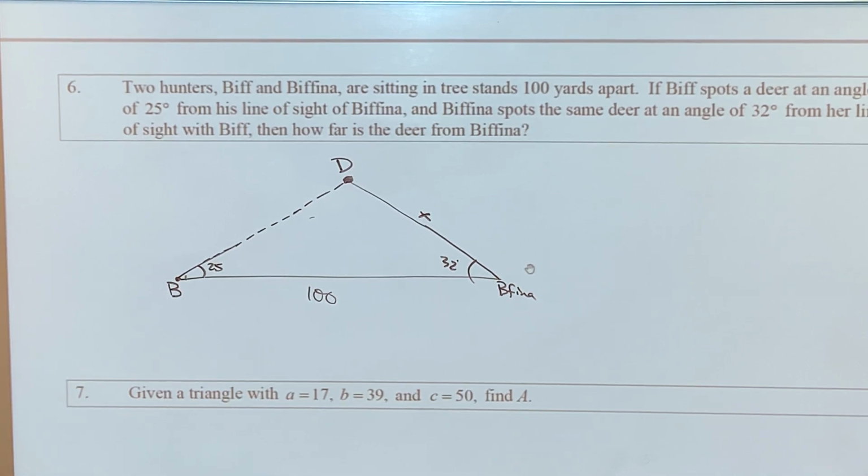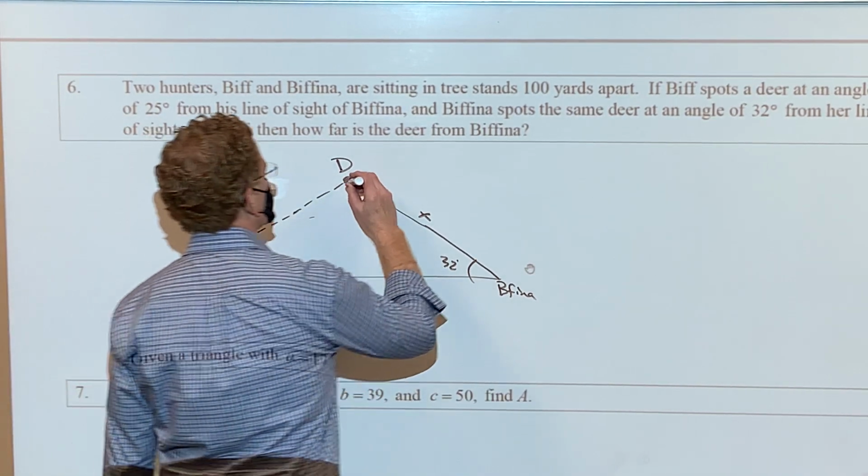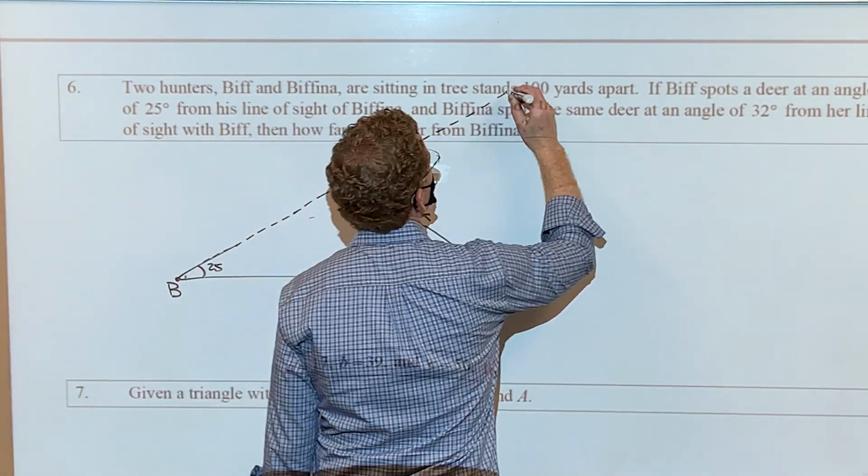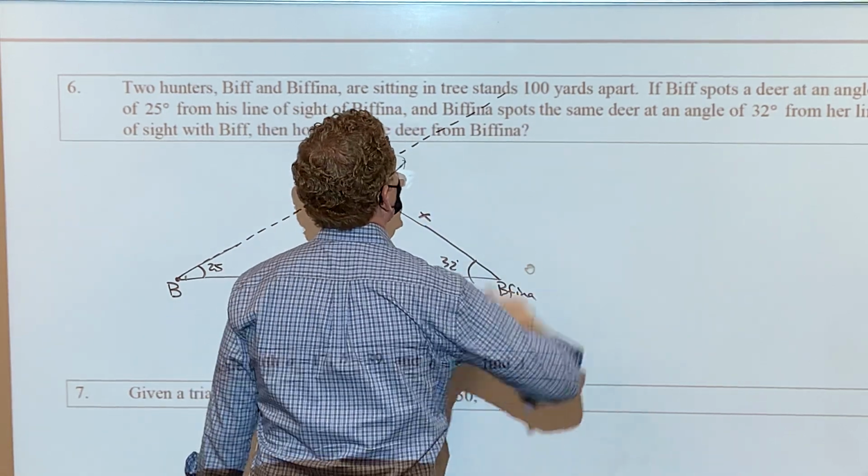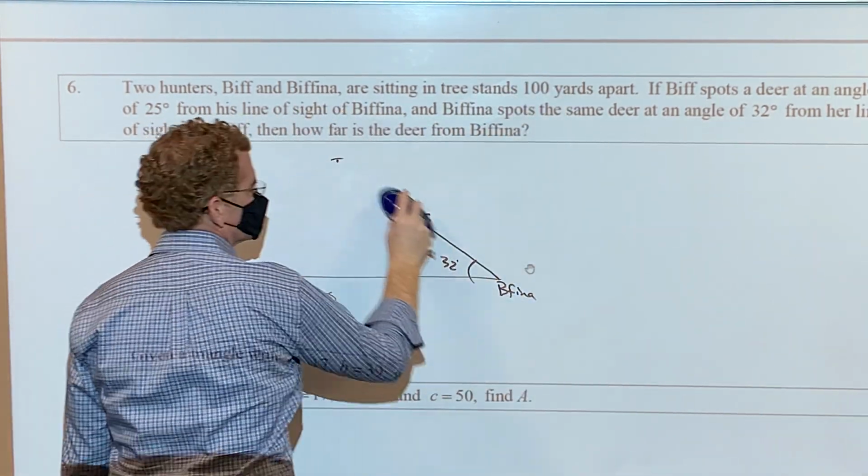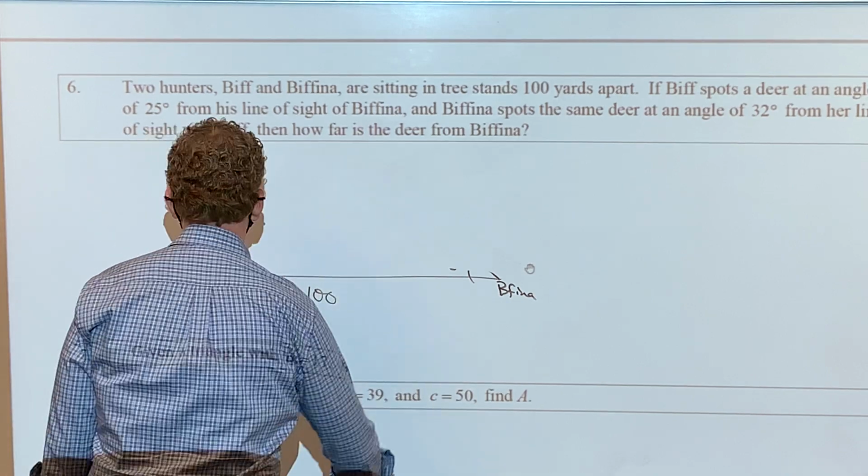Now technically, you can get 2 situations right here from this picture. Have you thought about how I could get a different situation? I'm going to have to change my angle. My picture's a little bit off to get them on this picture.